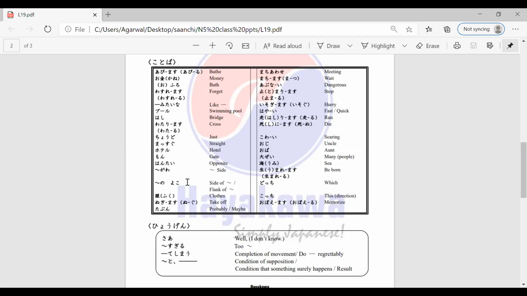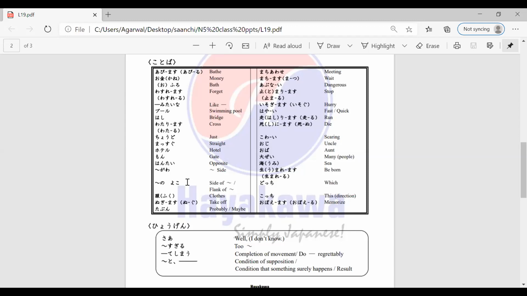Fuku means clothes. The next word is nugimasu or nugu, which means to take off. Okay. The next word is tabun, which means probably or maybe.